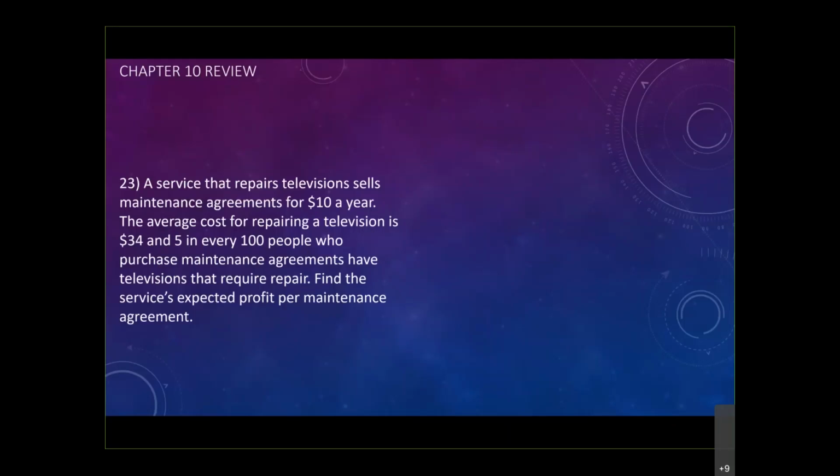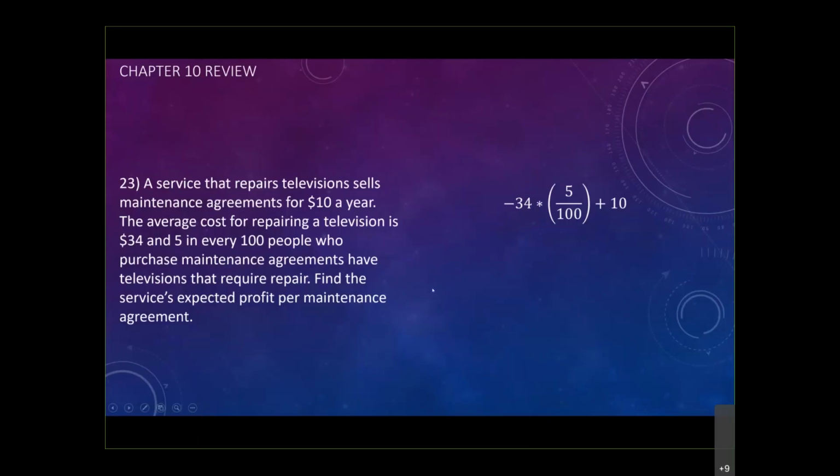What is the probability of going outside and doing the service? The company has to pay $34, and for every 5 customers out of 100, which is 0.05, the probability of losing $34 is 0.05, right? This is the only probability we have related to the item.